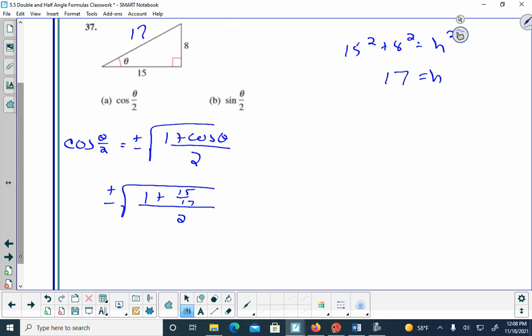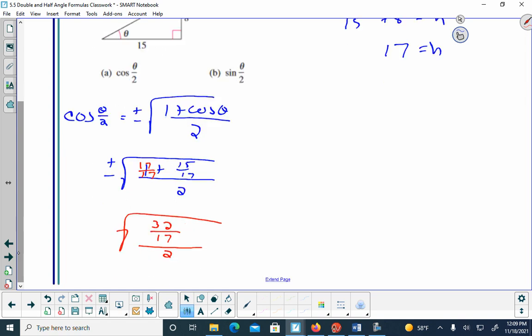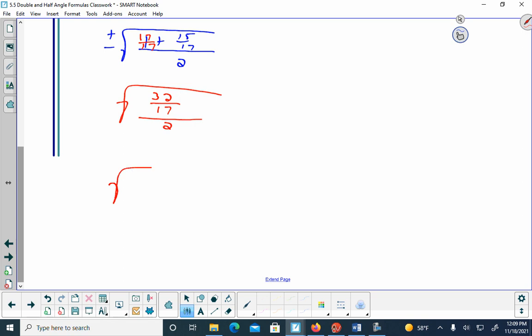So what I do is I look at this and I want to first simplify this numerator. This 1 I'm going to rewrite as 17 over 17 so I have a common denominator. When I do that, I take 17 plus 15 and get 32 over 17. And I'm dividing that by 2, which means I'm going to multiply by what? 1/2.